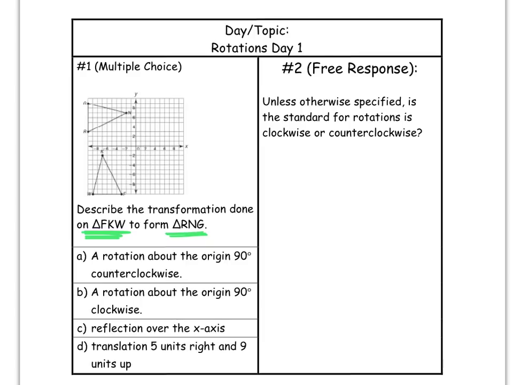It's asking which of these, A, B, C, or D, will take triangle FKW and turn it into triangle RNG. And keep in mind the directions for clockwise and counterclockwise. You could turn your paper to see what will end up, use your patty paper again. And then number 2, unless otherwise specified, is the standard for rotation clockwise or counterclockwise. So little typos there. Just check back on your notes for that.